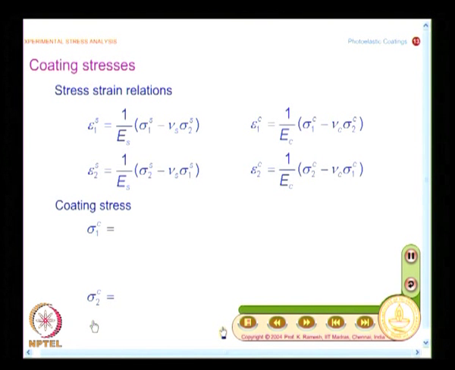It is fairly simple and straightforward. Take it as a home exercise. When you come for the next class, give me the expression for sigma 1 c and sigma 2 c in terms of the Poisson ratio of the coating, specimen, and also the specimen stresses. And these expressions will be the same when I go and see brittle coatings. In brittle coating, we will handle them individually.